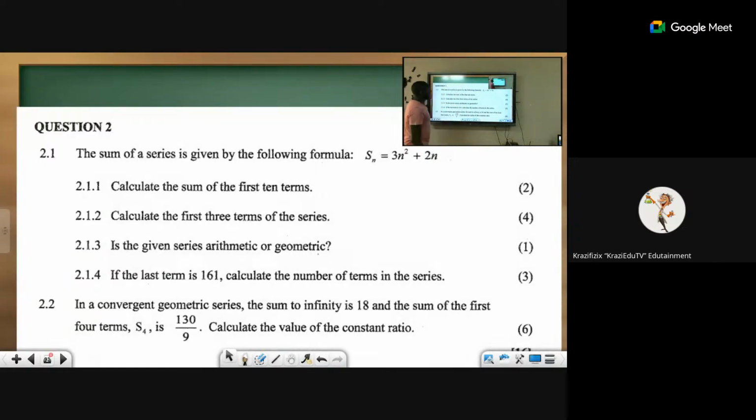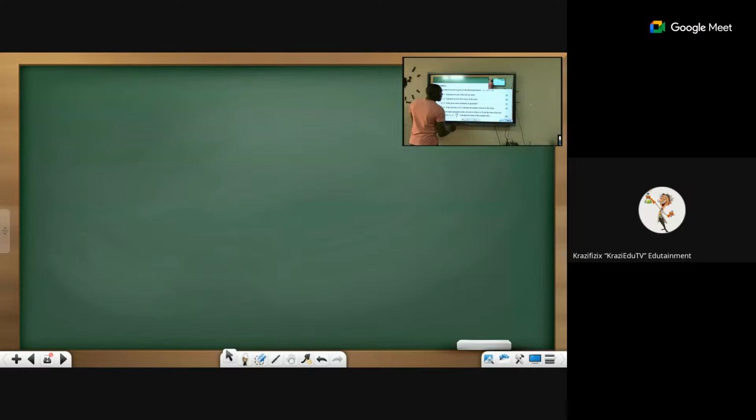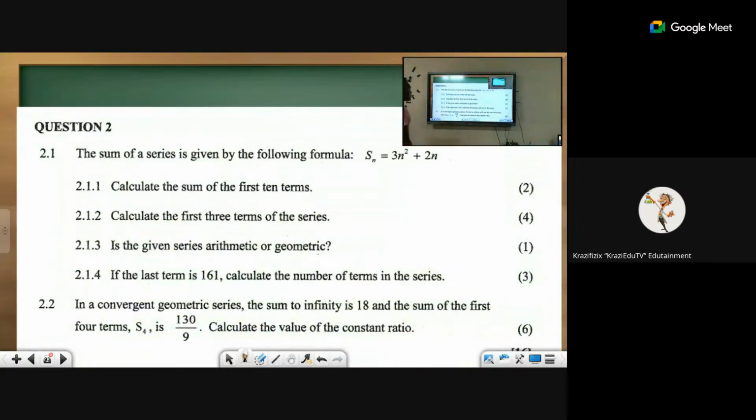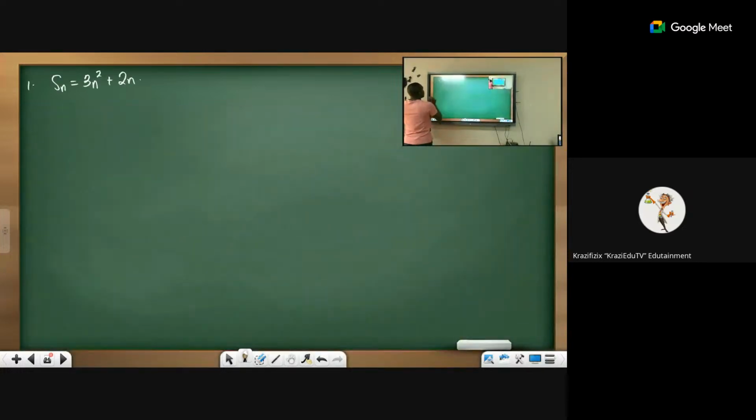All right, the sum is given as Sn is 3n squared plus 2n. Number one, let me write the question. Sn equals 3n squared plus 2n. All right, let's go. What is the first one? Sum of the first 10 terms, easy. 10 times, S10.